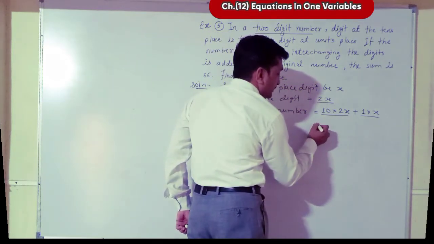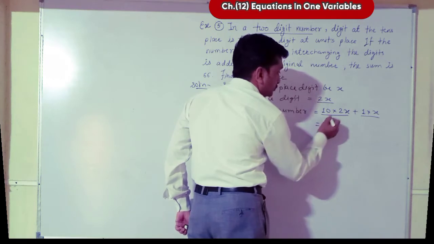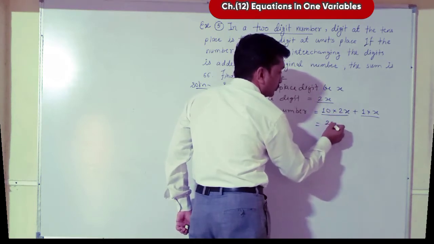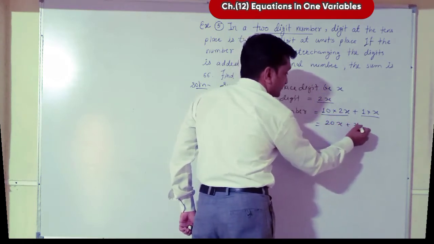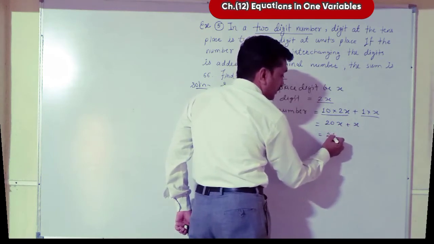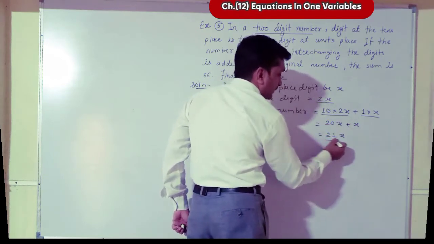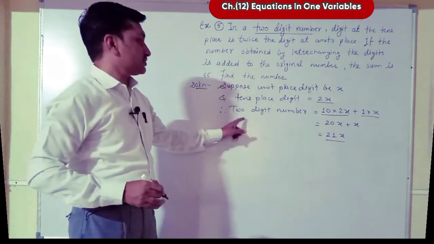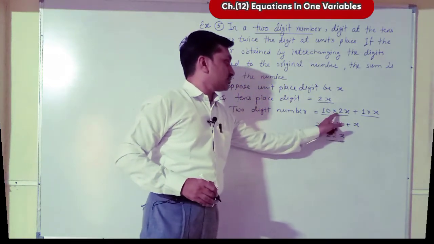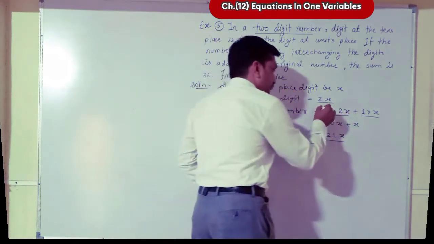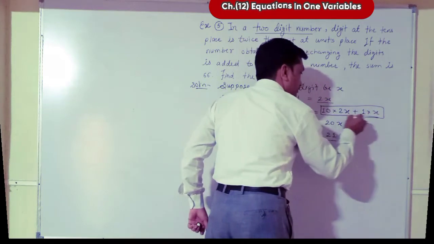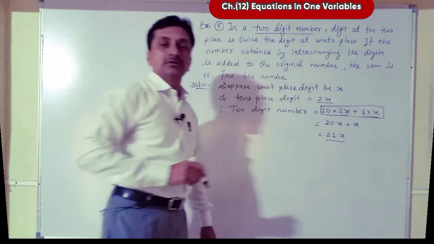Tens place is 2x, so 10 twos are 20x plus 1x, that is 21x. This is the two-digit number, but we can write it with one variable.